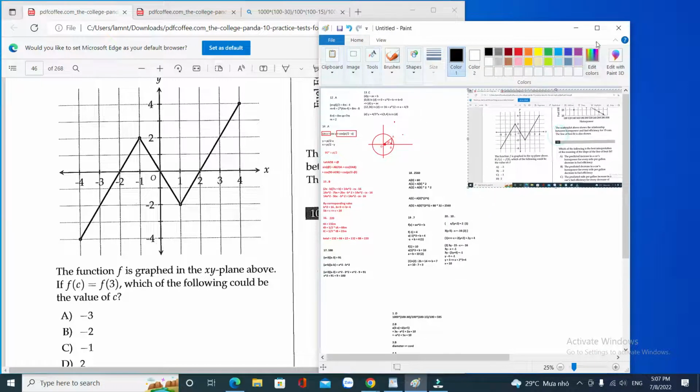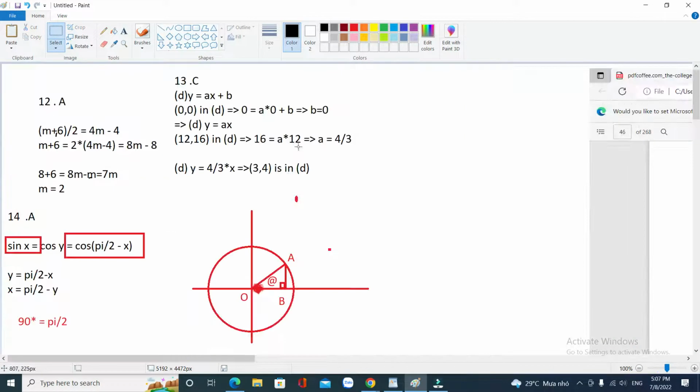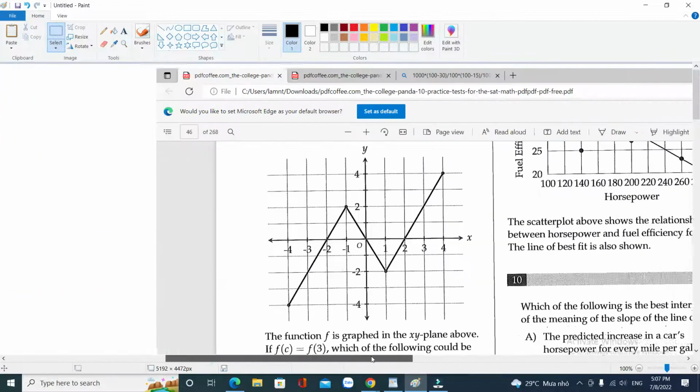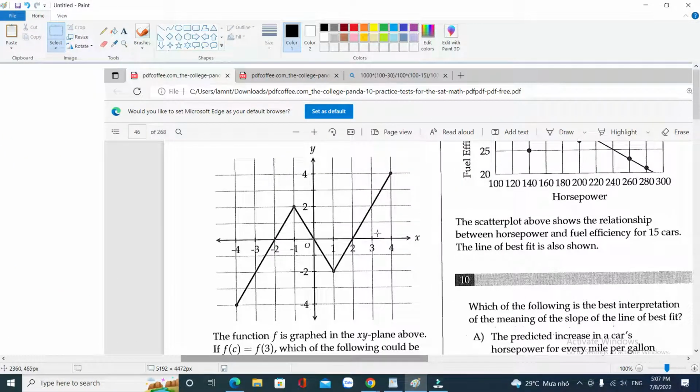Okay, so we can actually zoom in on this. So f(c) equal to f(3). So x is equal to 3 here, and f(3) is equal to 2.